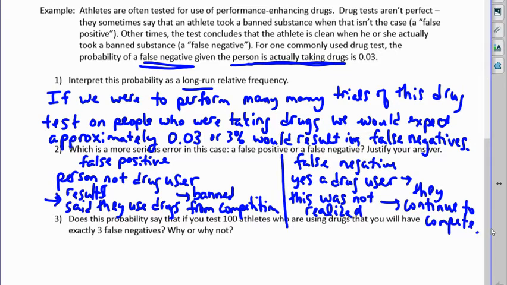Okay, so those are the two situations, and then we have to decide which one is worse. In the United States, because our entire legal system is based on innocent until proven guilty, we would prefer to let guilty people go free, which I agree with, than lock up an innocent person.